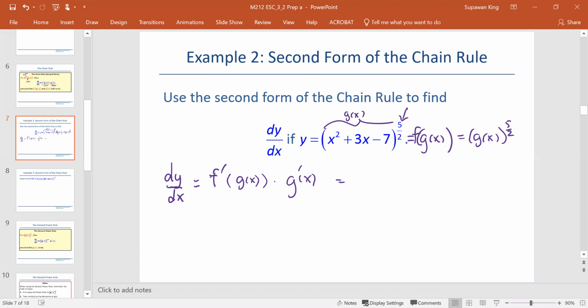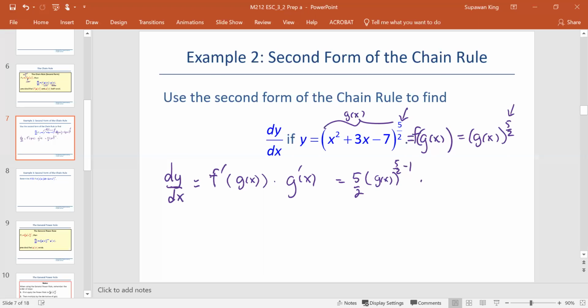So the derivative of the outer function, which is the power 5 over 2, will be 5 over 2 multiplied by the inner function, which is g of x, raised to the power 5 over 2 minus 1, and then multiplied by the derivative of the g.